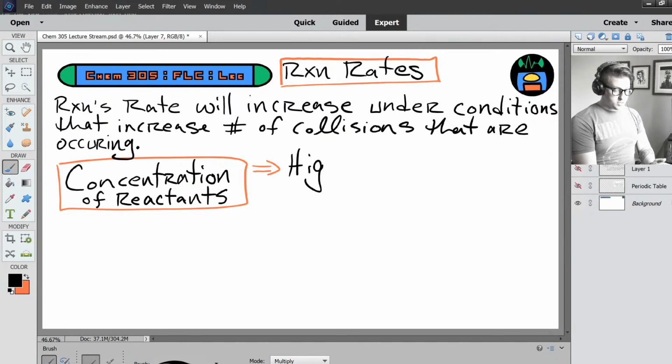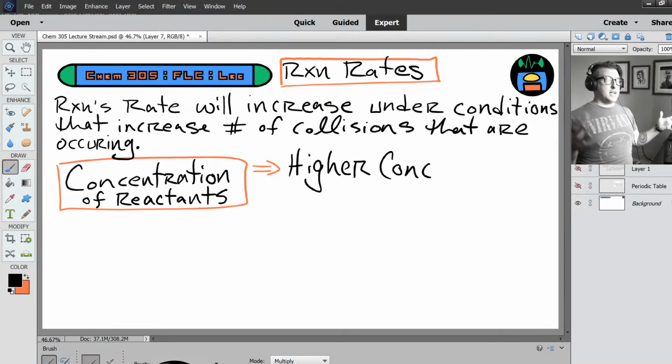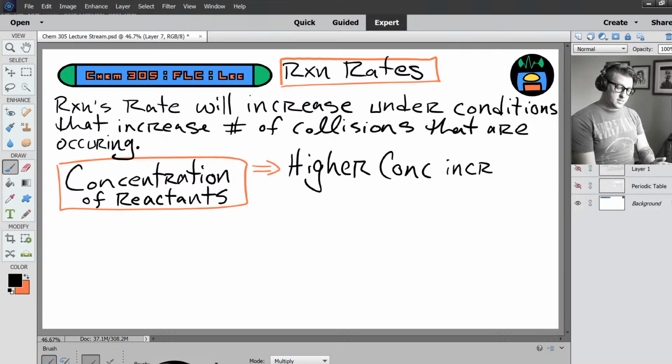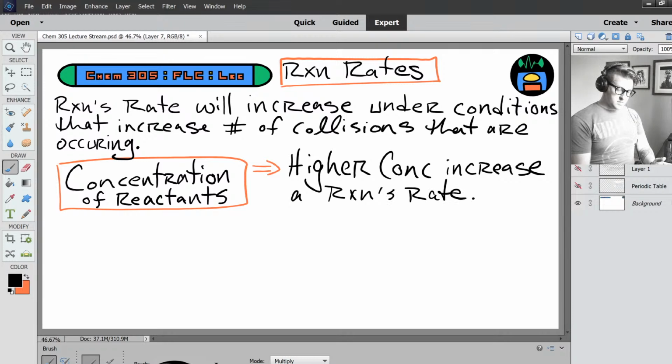Higher concentrations mean there's more particles, right? There's more reactants present, and so it increases your chances of the reactants colliding. So higher concentration will increase a reaction's rate.